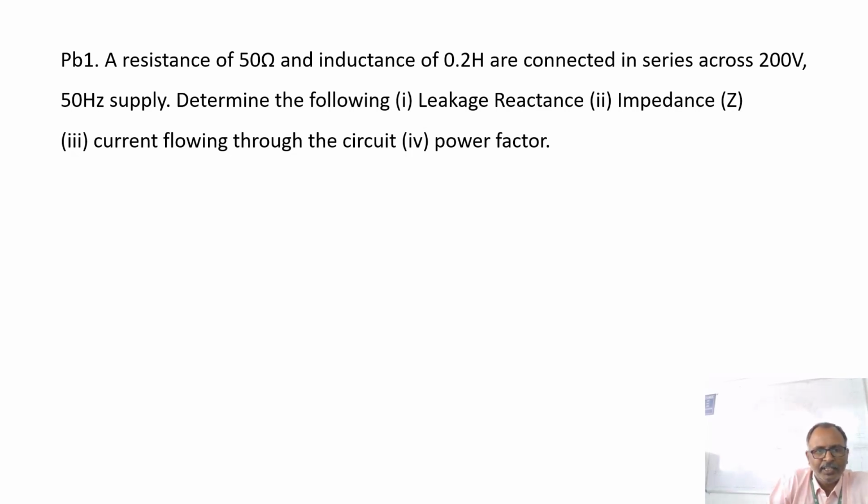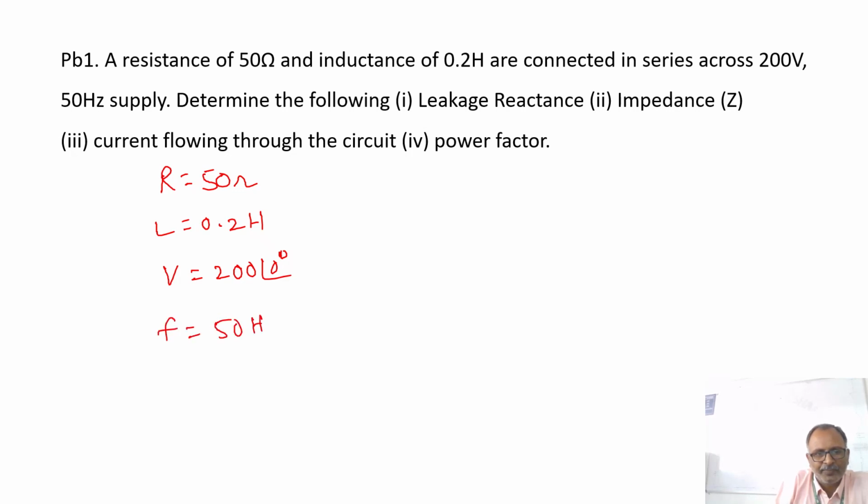So they had given a series RL circuit consisting of a resistance 50 ohms and inductance 0.2 Henry, which are connected across a voltage of 200 volts. Let's take the voltage as reference, 200 volts at an angle 0 degrees, and frequency of supply is 50 Hz.